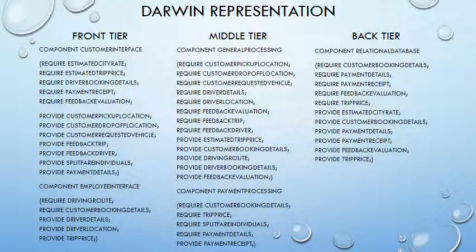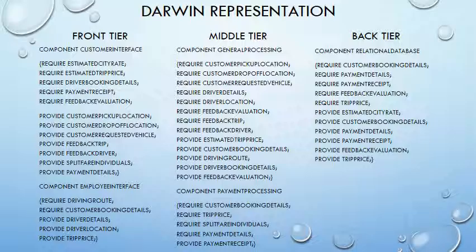So I've also done a Darwin representation of the BruceUber architecture containing the front, the middle, and the back tier. So it's just showing how the data flows through the tiers, and you can't jump from front tier to back tier. You have to go through the middle tier, which does all the processing.